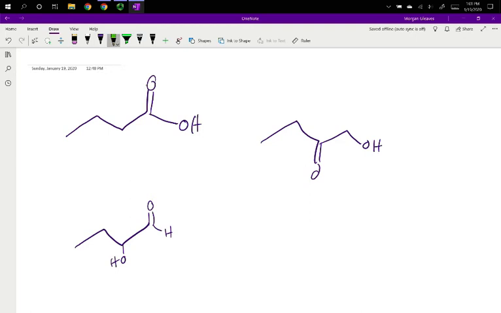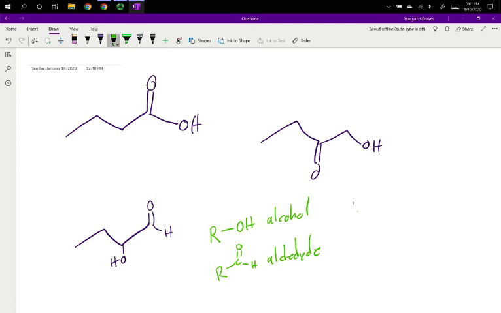Alright, if we want to identify the functional groups, we have to remember what the different ones are. There were a series. If you have a random R group, OH, you were an alcohol. If you were an R group to a carbon, double bond oxygen to a hydrogen, you were an aldehyde.